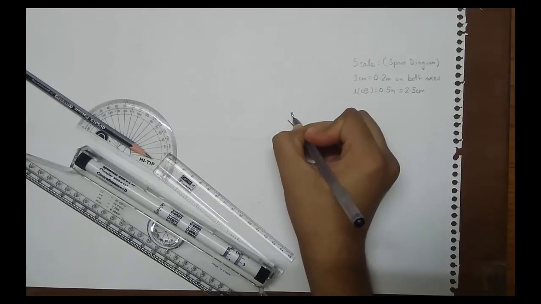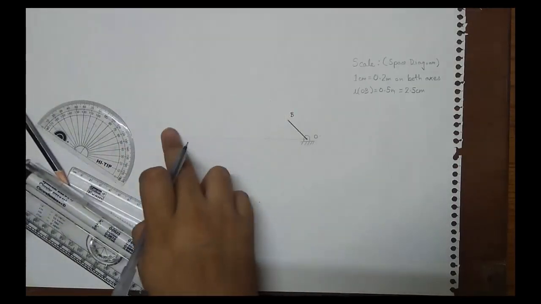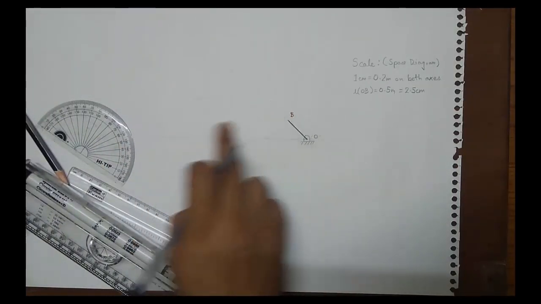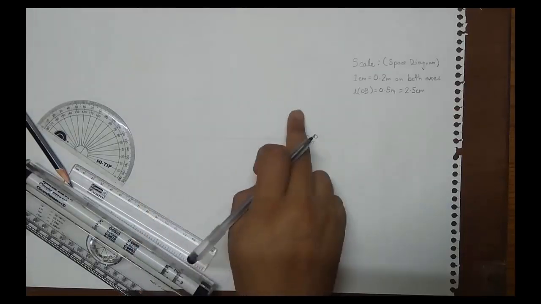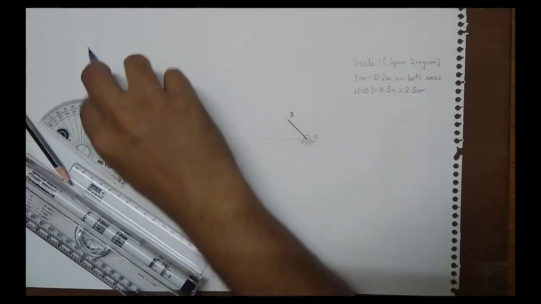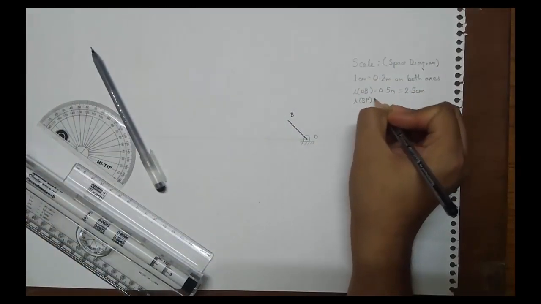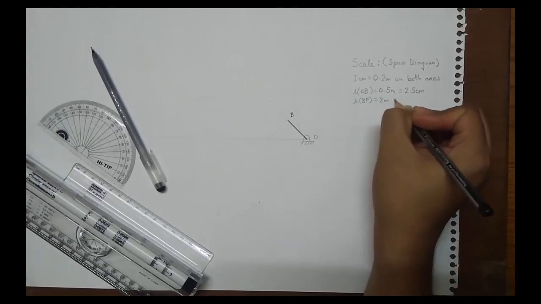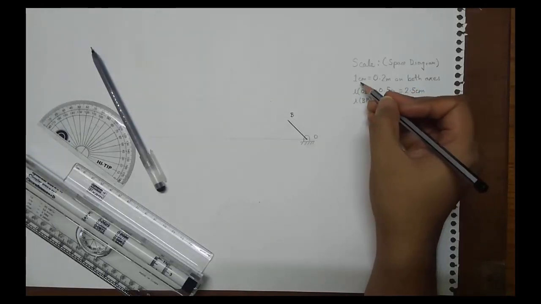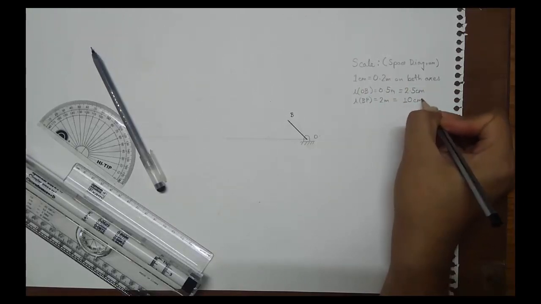This becomes OB. Now I have to draw another link which will be BP. BP is a length of 2 meters. Okay. And P is on this horizontal axis. So length BP is equal to 2 meters. Now from this scale, 0.2 meter is 1 centimeter, so 2 meter will be 10 centimeter.